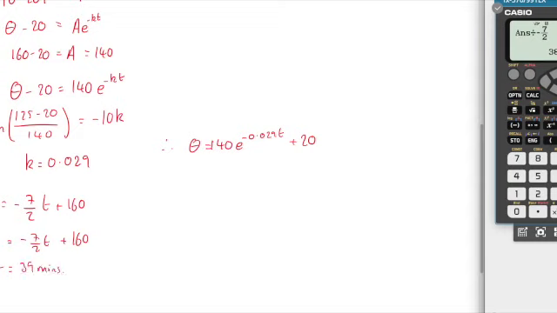The other one, we're going to have 25 is 140 e to the minus 0.029 t plus 20.